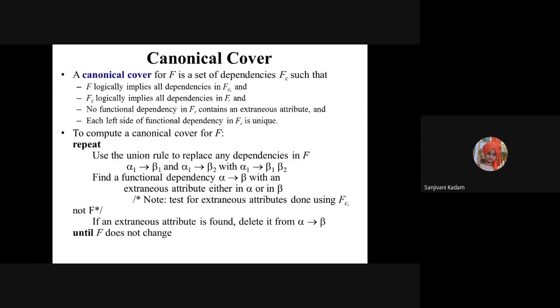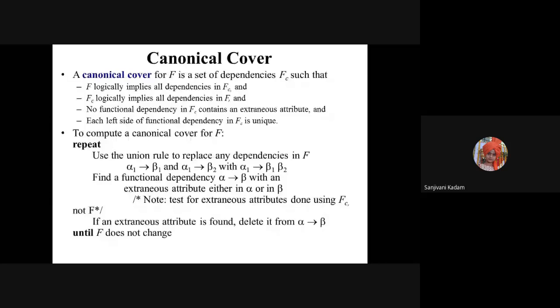Find a functional dependency alpha gives beta with an extraneous attribute either in alpha or beta. So here we need to check whether there is any extraneous attribute in alpha or beta. For this, whatever test we carried out previously, that test we have to carry out on each alpha and each beta. If an extraneous attribute is found, we need to delete it from this functional dependency. And this we have to repeat until FC doesn't change.